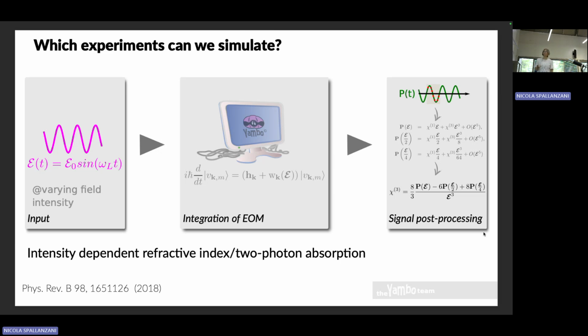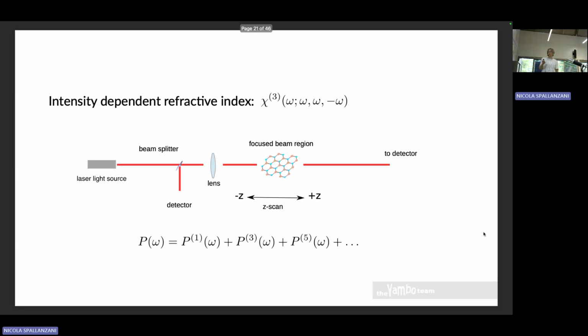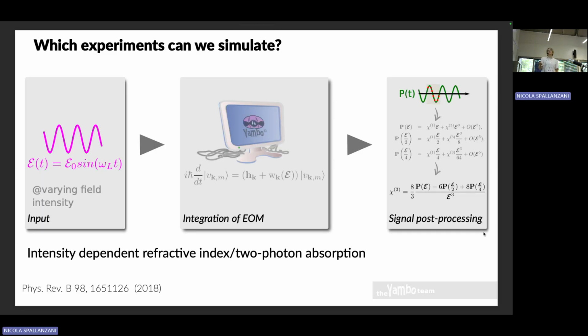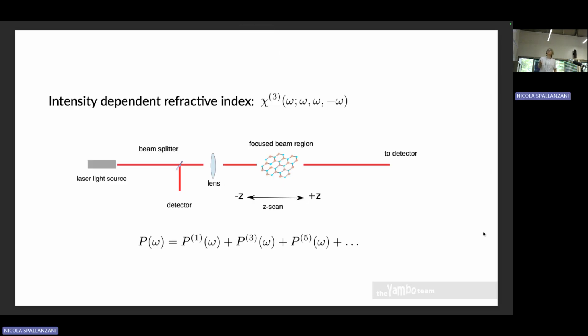So in this case, you're not taking the chi3 at 3 omega, but the chi3 at omega. Okay, so you are taking this contribution. Actually, you also have contributions from the fifth, the seventh, and so on.